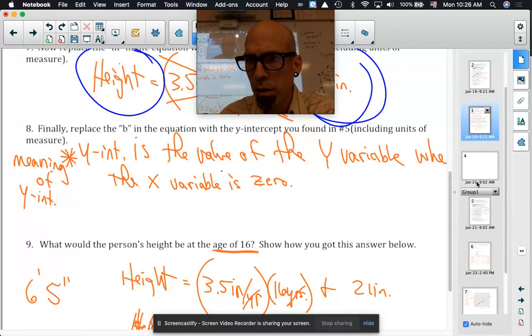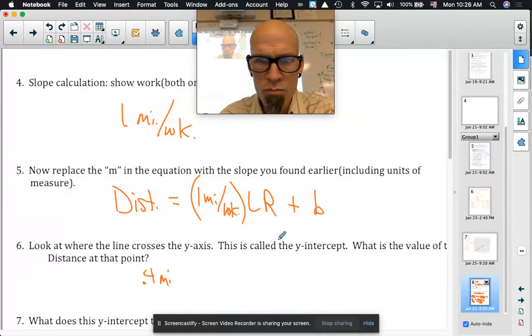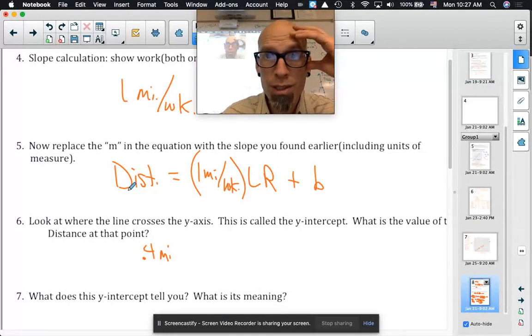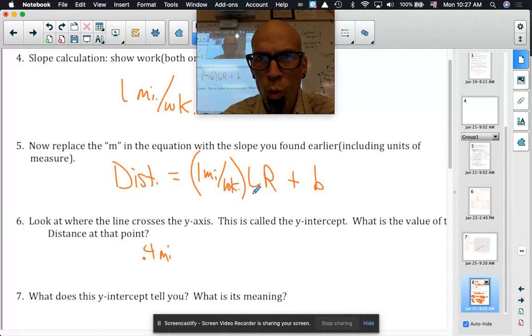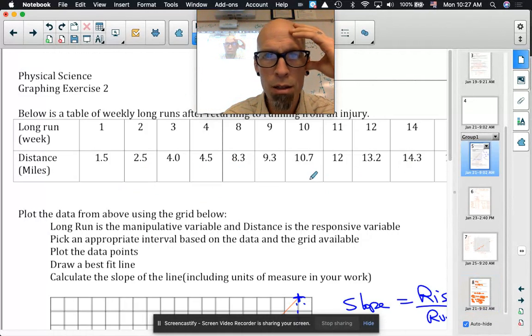Okay, so let's look back at the equation here that we were writing. So at this point, the value of the y, which is distance, the value of the distance when the long run is 0. When is the long run 0? I mean, if we look at the data, long run is measured in weeks. When is week 0?